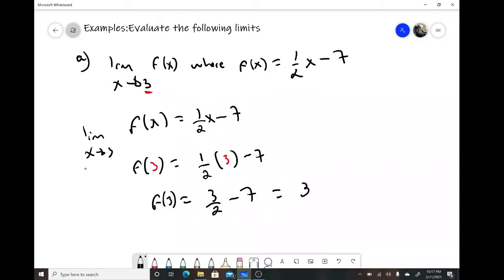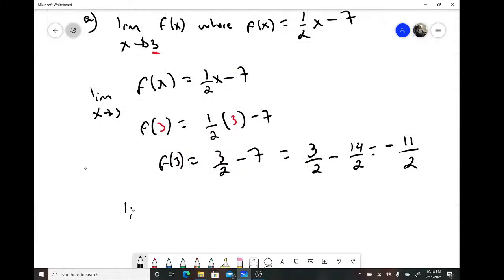You can multiply the 7 by 2, so you'll have negative 14 over 2. And if you do 3 minus 14, then this will be negative 11/2. So we have that the limit of f of x as x approaches 3 is equal to negative 11 over 2.